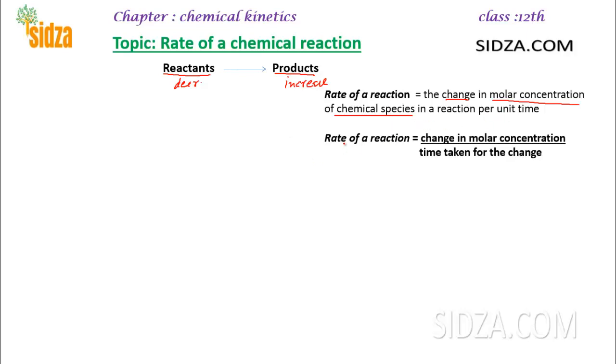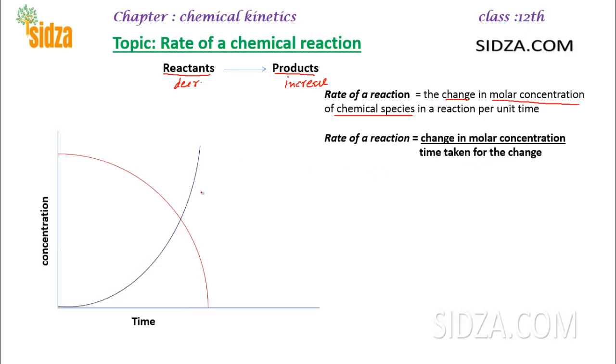Or mathematically we can write the rate of reaction as the change in concentration divided by the time taken for that particular change. If you look at the reactions, we find that normally the concentration of the reactants decreases. If I plot a graph of concentration versus time, you can see this graph shows the decrease in concentration for the reactants.